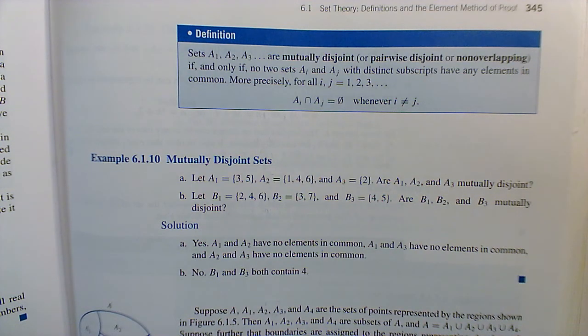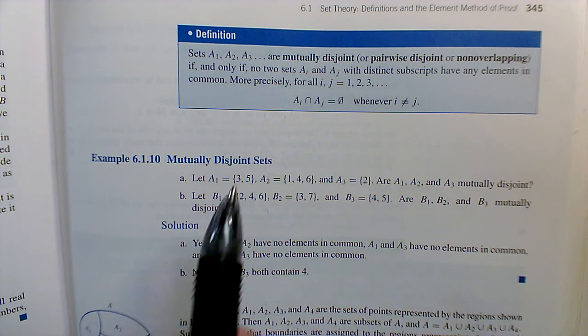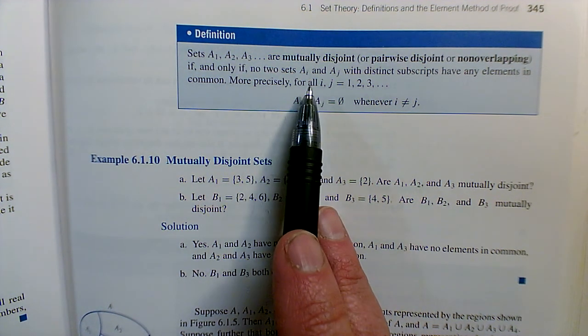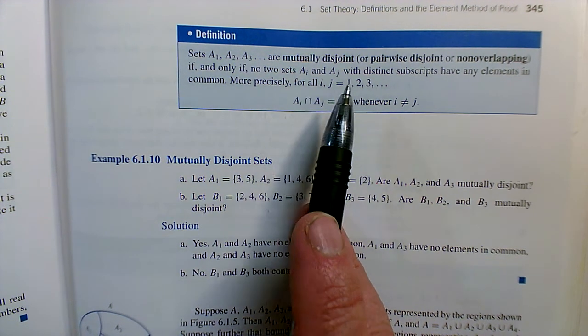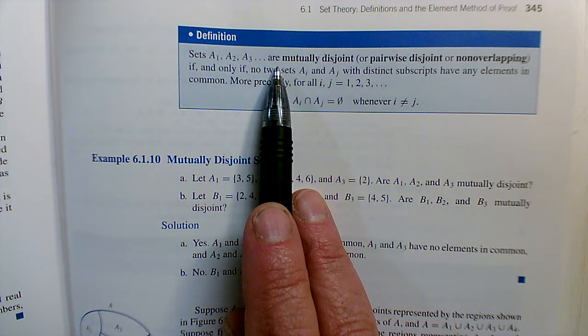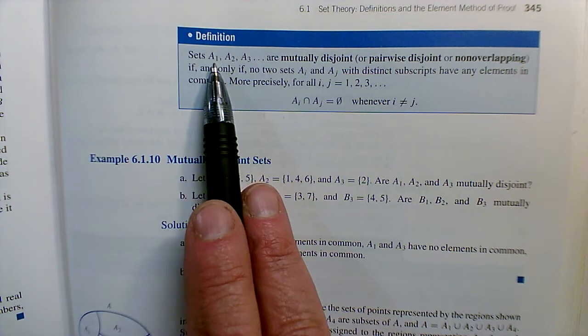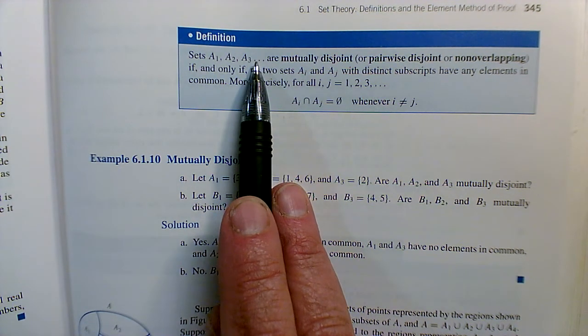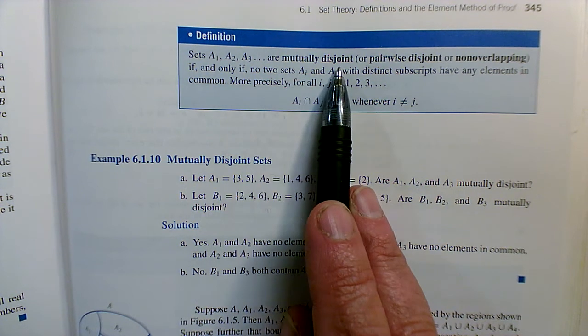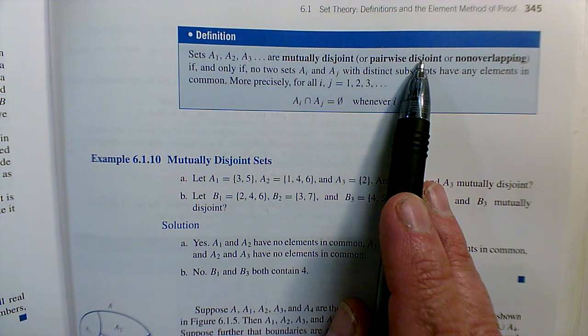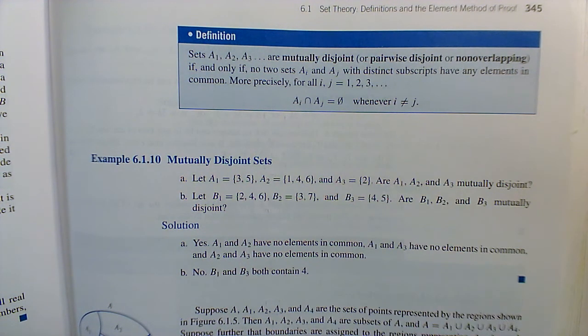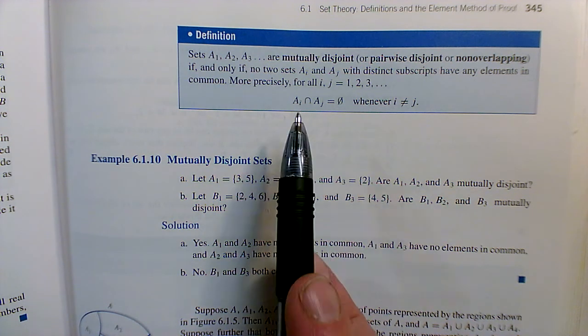When we extend the idea of being disjoint to multiple sets, where you have a group of sets in a collection, like we just showed with a union or an intersection, we can say that all of the sets in this collection are either mutually disjoint or pairwise disjoint or non-overlapping. All those words mean the same thing.